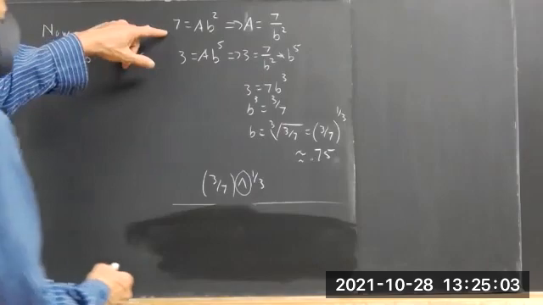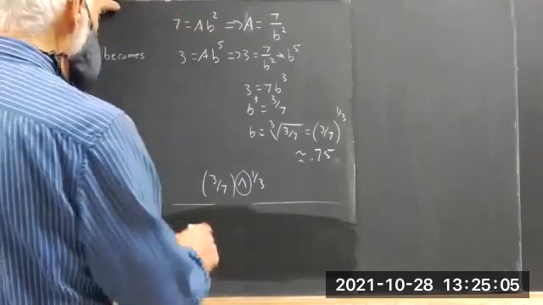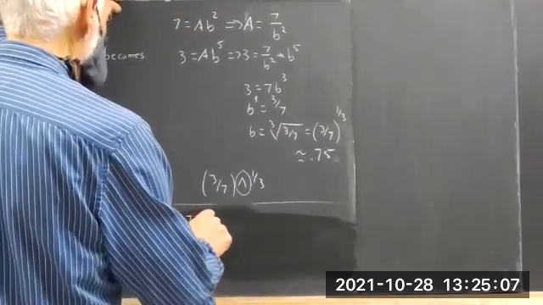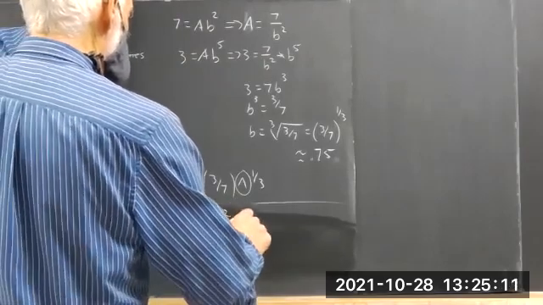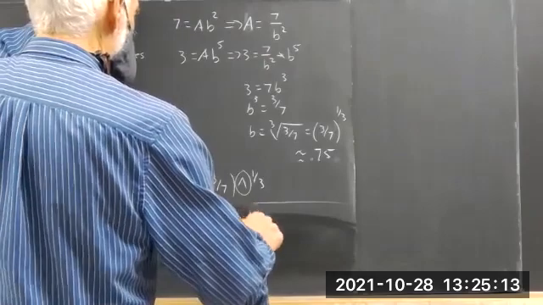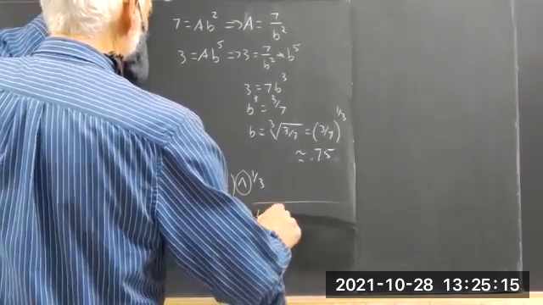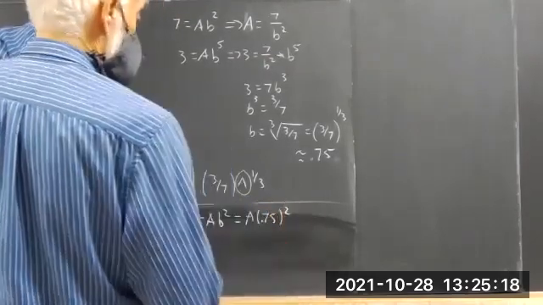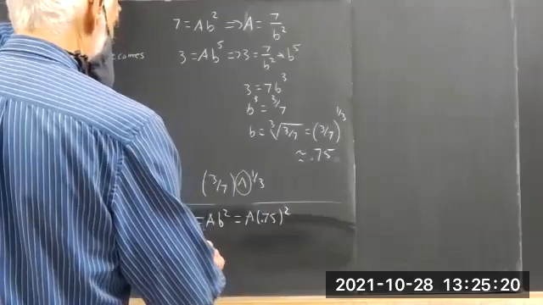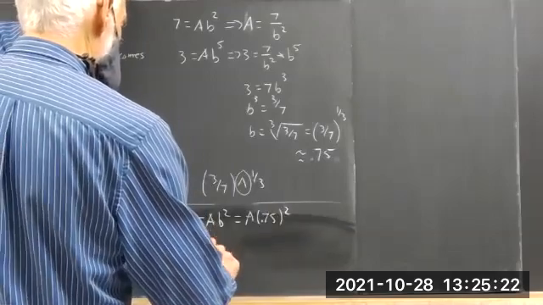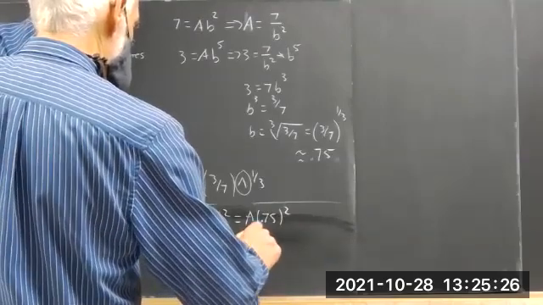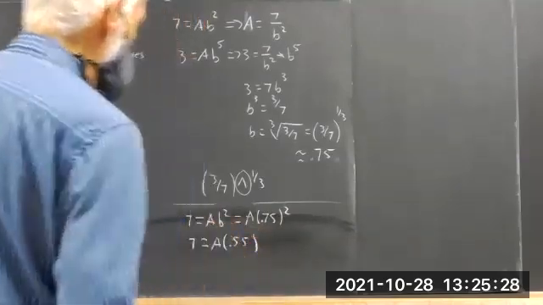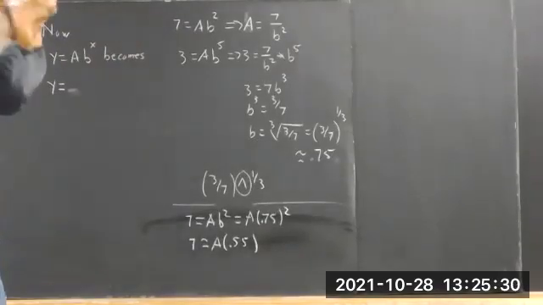Okay, I get 7 equals A B squared, which is A times 0.75 squared. So that 7 is approximately equal to A times 0.55, if 0.75 squared really is 0.55.